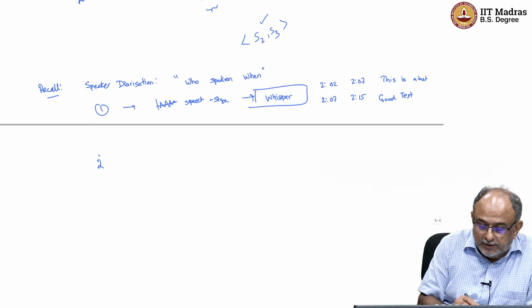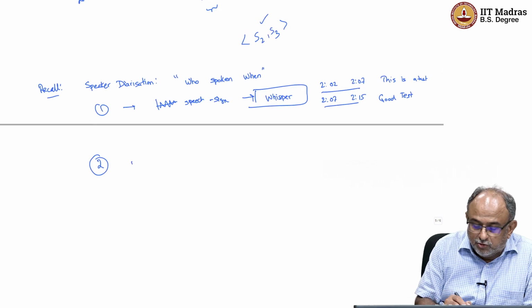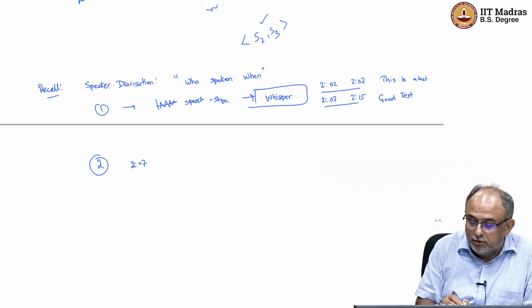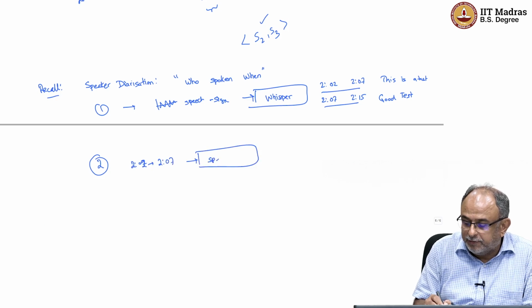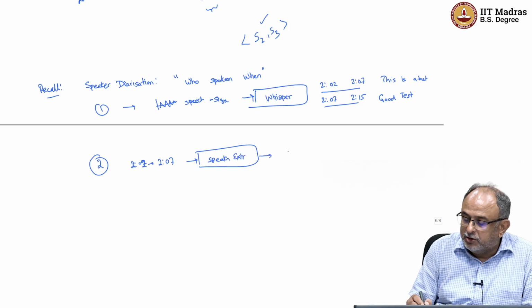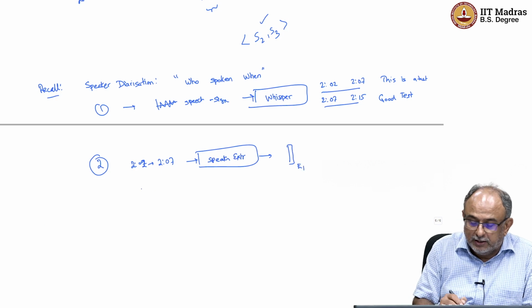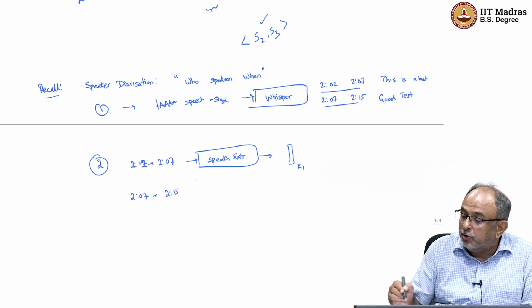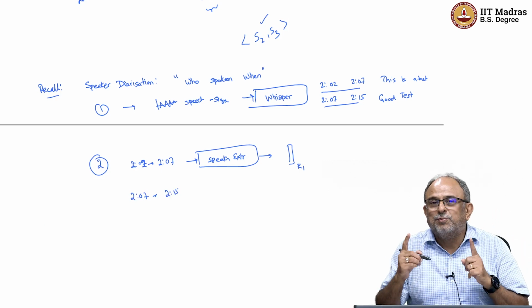The next step is I am going to take each of these audio clips. So 2 minutes 2 to 2 minutes 7, I am going to give it to a speaker embedding extractor and get one embedding. So let's say this is embedding 1 vector. Then 2 minutes 7 to 2 minutes 15, I am going to assume, and this is an assumption, that each one of these is spoken by only one person.